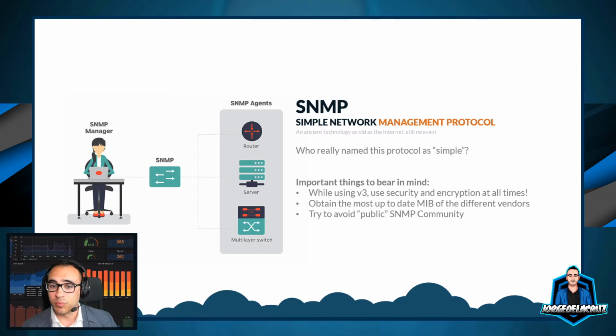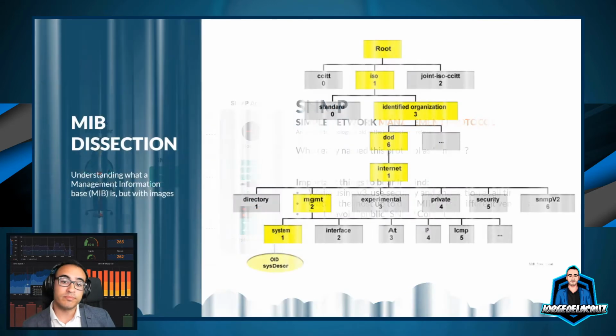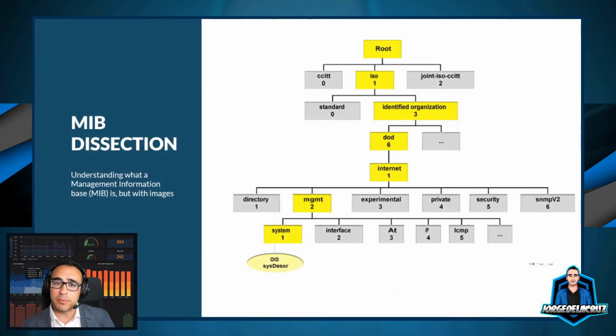I mean, what was somebody thinking when they said Simple Network Management Protocol. It's the opposite of simple. It's really difficult to understand. It might be simple to enable, but that's not as secure as it should be. But then understanding all the MIBs and all the OIDs and so on, and finding them sometimes can be really tricky. So let's talk about the MIB dissections, right?